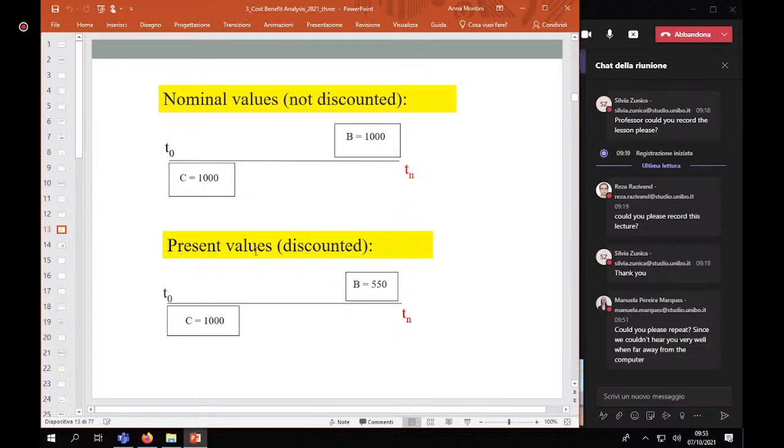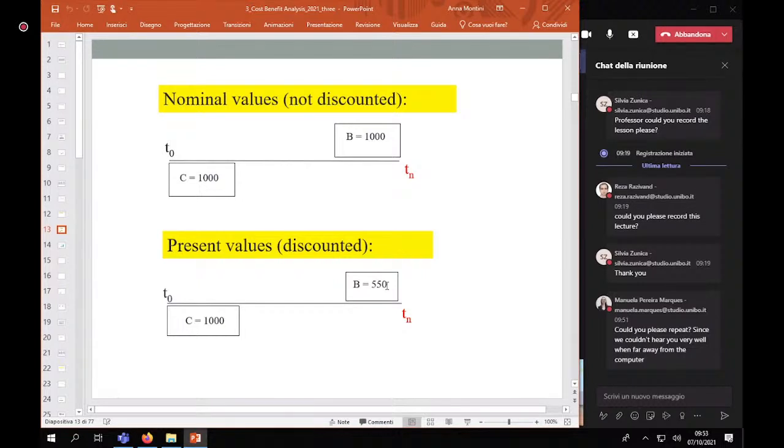If I consider present values, so discounted values, I can have a situation similar to this. The nominal value for the benefit n years from now equal to 1,000 can become a benefit equal to 550 if I discount the figure.